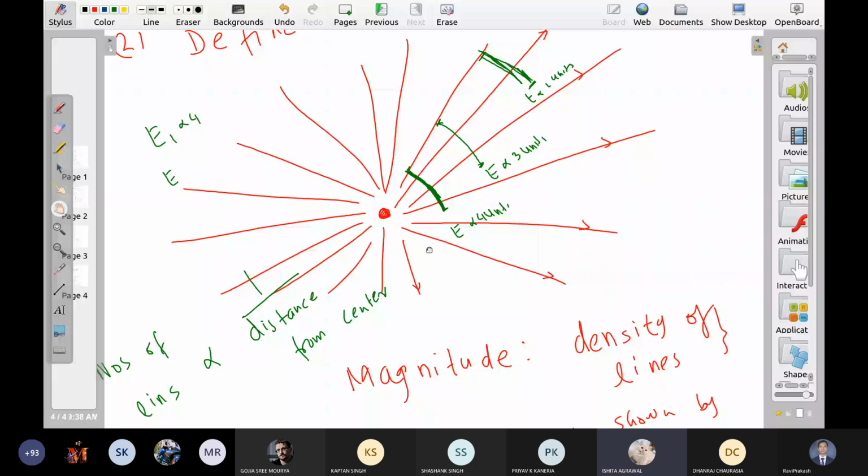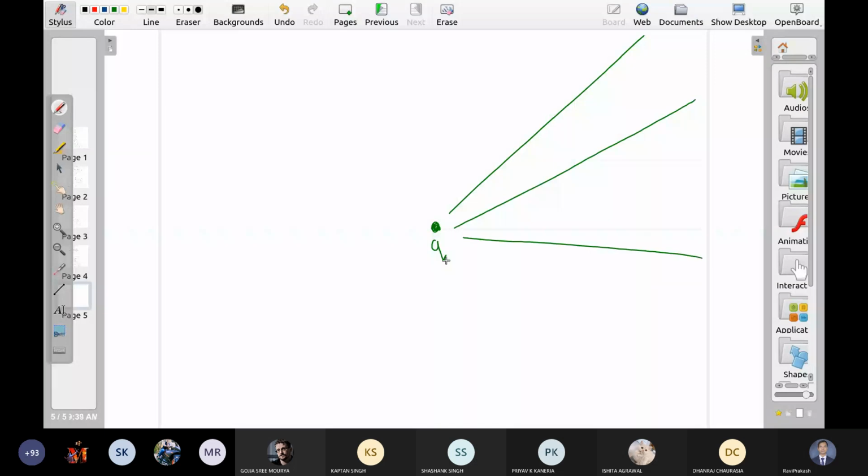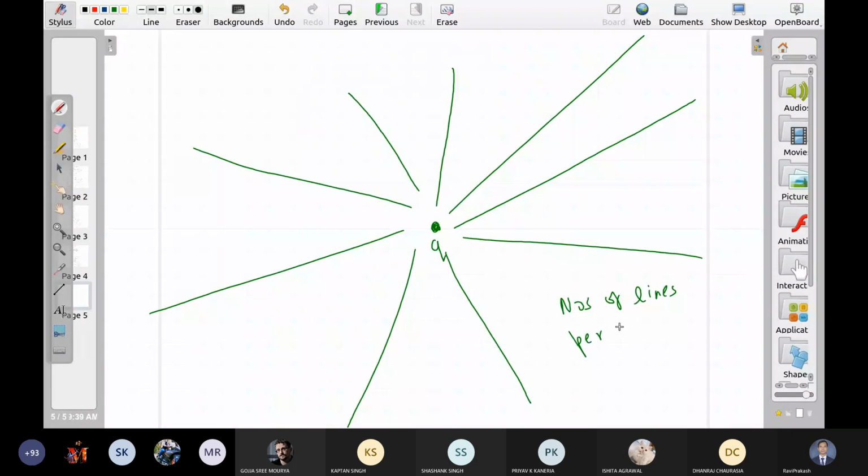So question is, let me repeat my question. This is the center. Some charge Q is there. These are the vector field lines. Numbers of lines per unit length, let us say n.